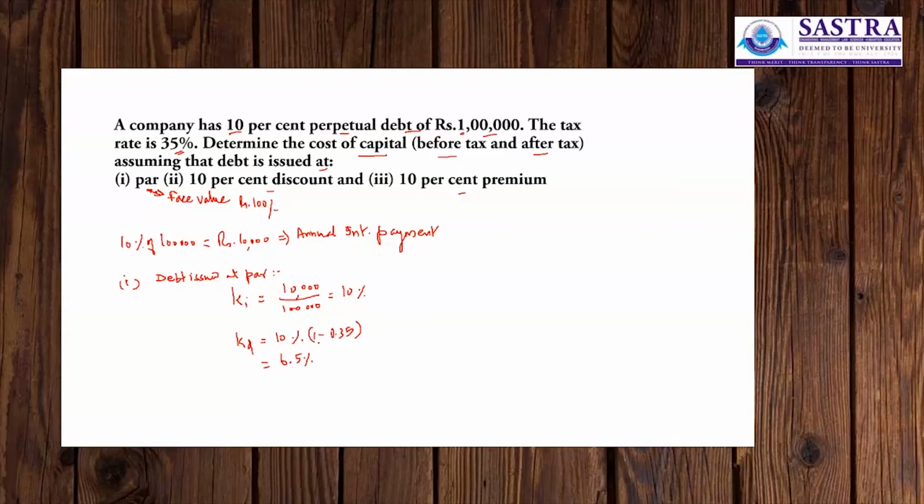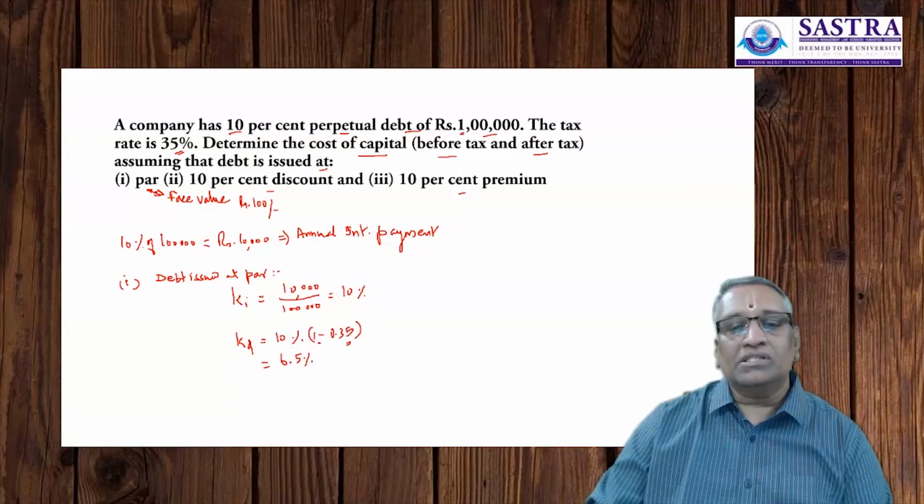So out of 1 rupee, 35 paisa will go to tax. The balance will be 65 paisa, or 0.65 multiplied by 10%, nothing but 6.5%. So this is your effective cost of debt after tax.